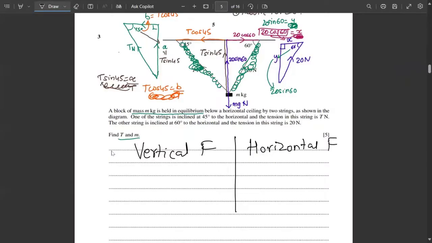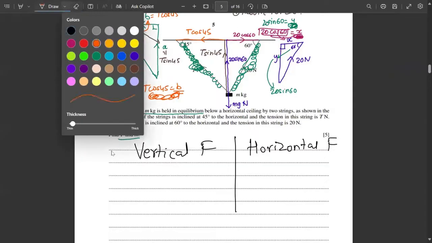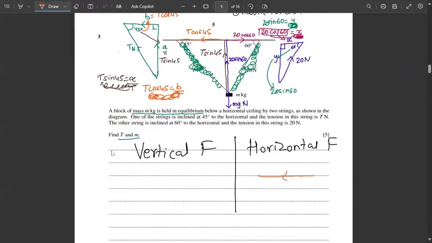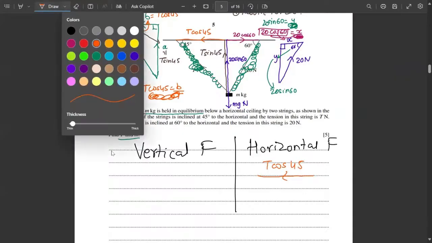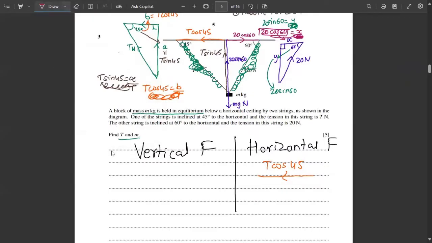There are two horizontal forces, T cos 45 and 20 cos 60. Let us label that down. With the orange, I'll write T cos 45, and with the light pink, I'll write 20 cos 60.